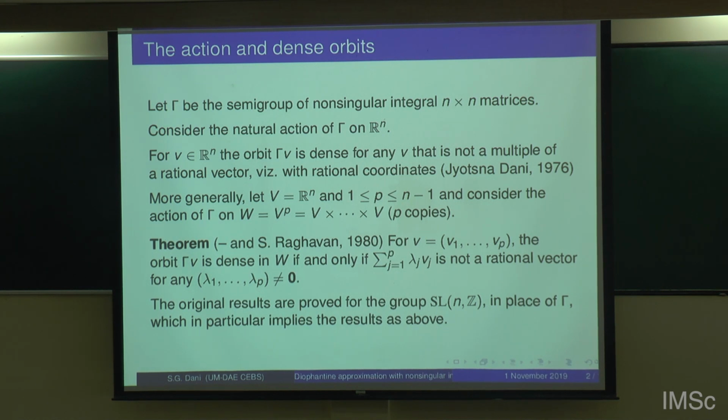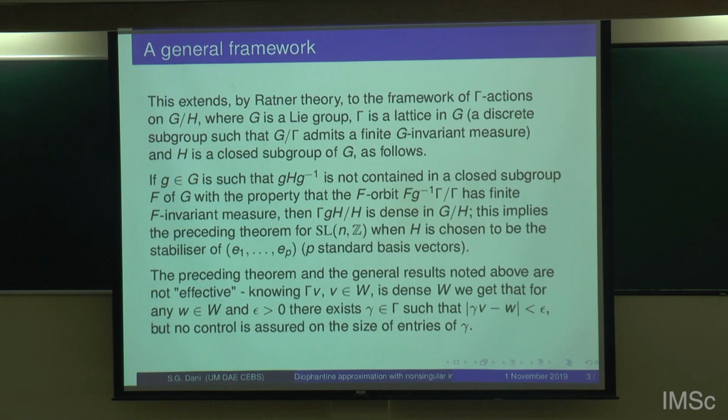It's nothing new, and subsequently there has been a lot of development along these lines, in the framework of what is called the Ratner theory. Many of you would have heard of Marina Ratner, who made landmark contributions in the area of ergodic theory and orbits of subgroups on G mod gamma.